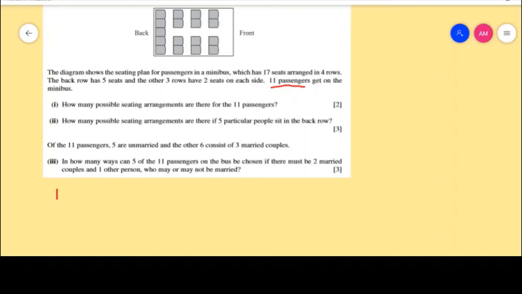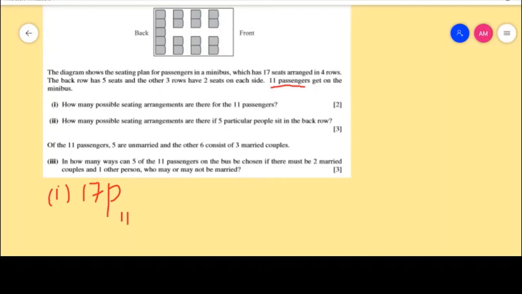Part 1. How many possible seating arrangements are there for the 11 passengers? Now remember, seating arrangement you permute, because the way you sit, if you swap positions, order matters. So seating arrangement is permuting. So I know I'm going to go 7 permute 11 here.